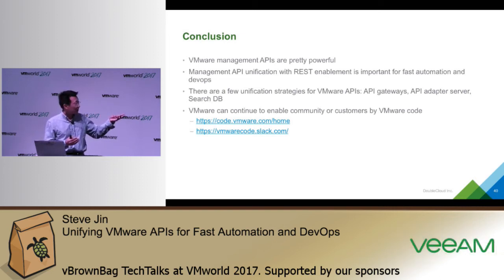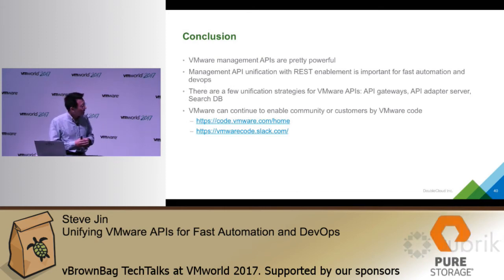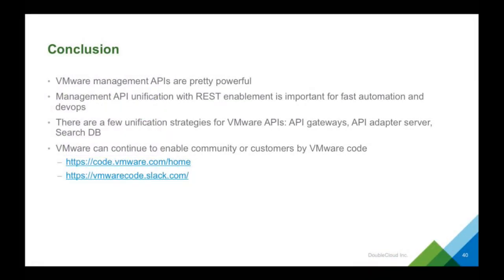We talked about three strategies: the bridge, the SOAP to REST, using a database middle layer, or using an API gateway. VMware has done a good job putting everything about development-related information at code.vmware.com, where you can get everything about development, DevOps, everything.